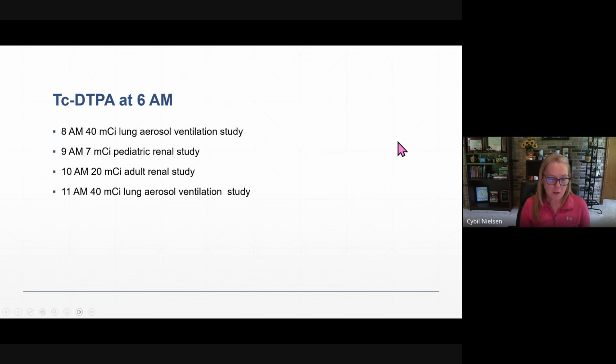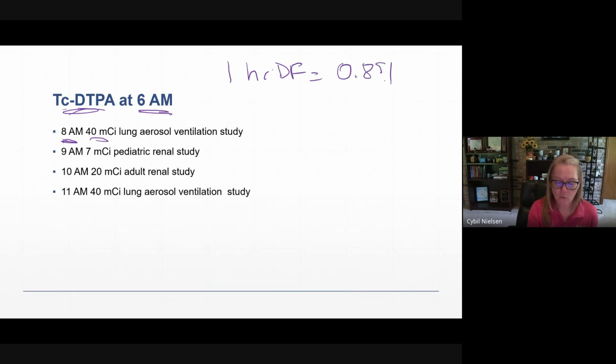Okay. So we have Tech DTPA at 6 a.m. and we need an 8 a.m. dose for 40 millicuries. The easiest way to do this is to use our decay factors. So 1 hour decay factor of technetium is 0.891.